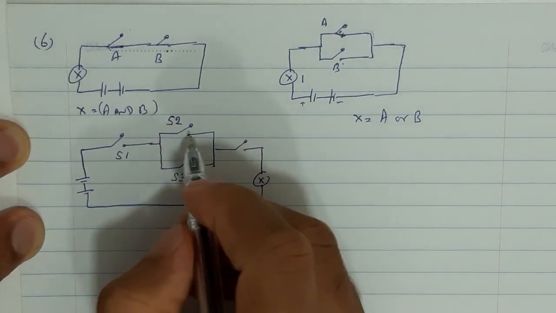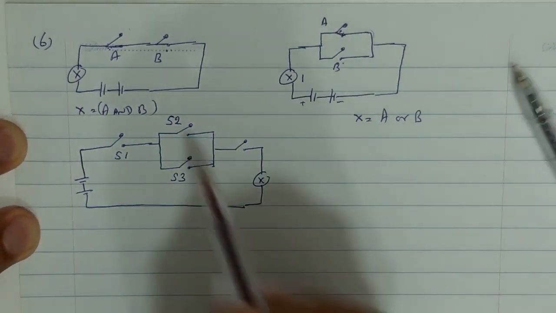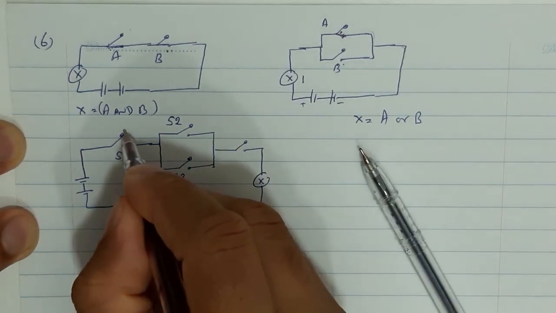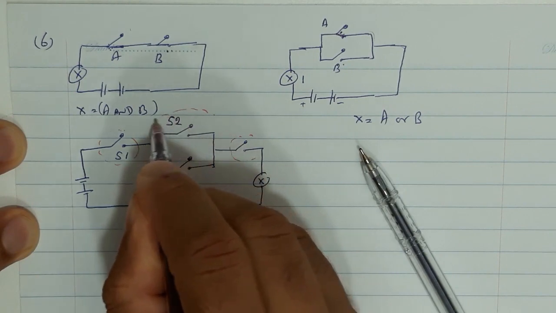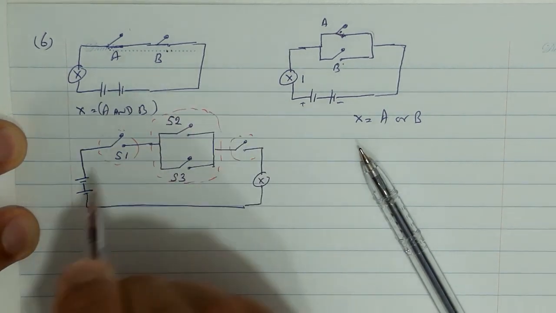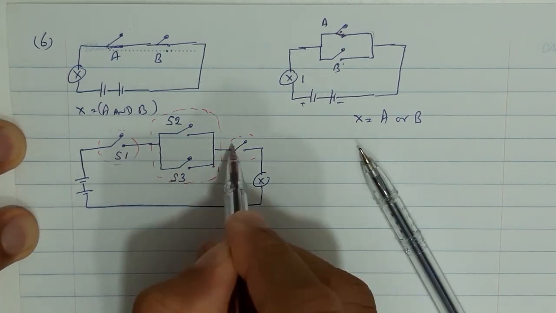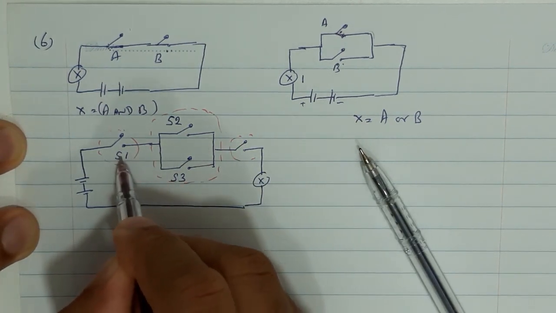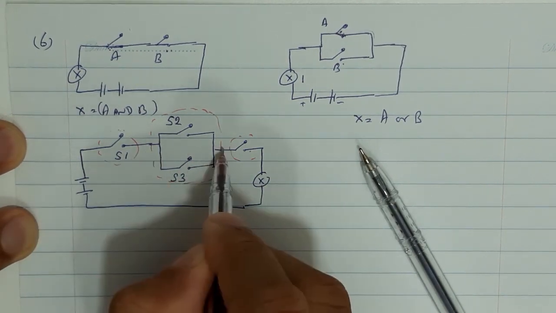Now, in the given question, both serial and parallel connections are present. First of all, we'll build up our circuit, or split the sections, in this way. This is one switch, this is another switch, and I may consider this entire block as one set. Then all these three sets are serially connected. That means this should be turned on, this should be turned on, as well as these two edges have to be connected.